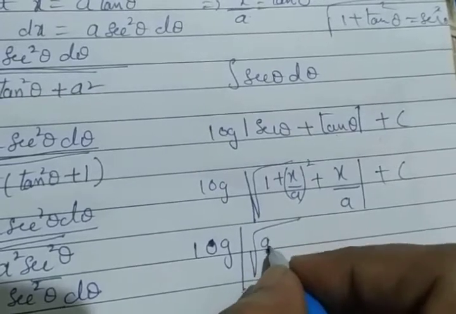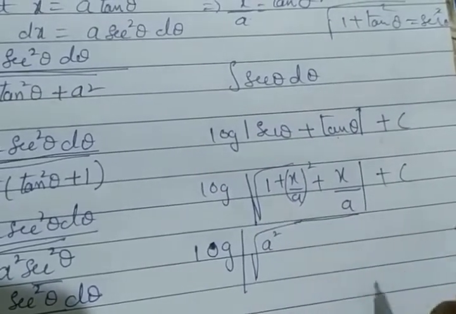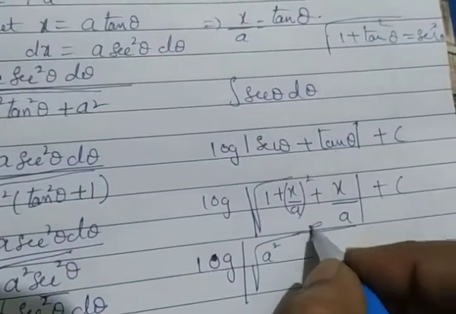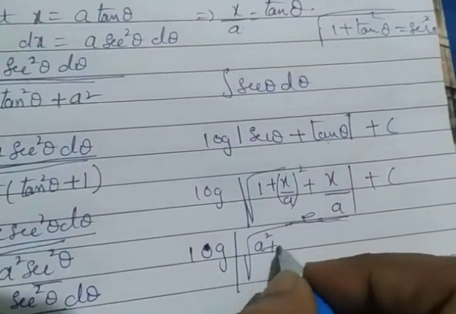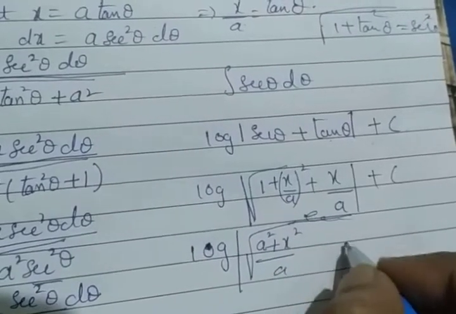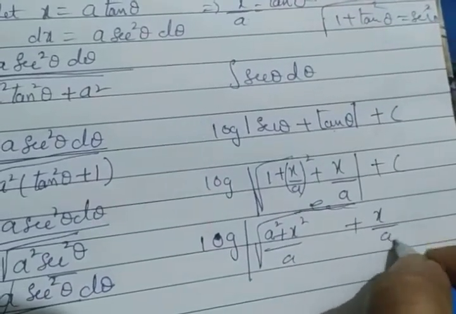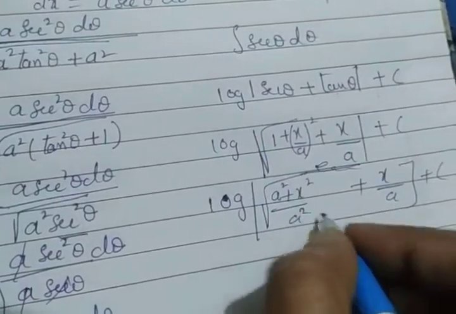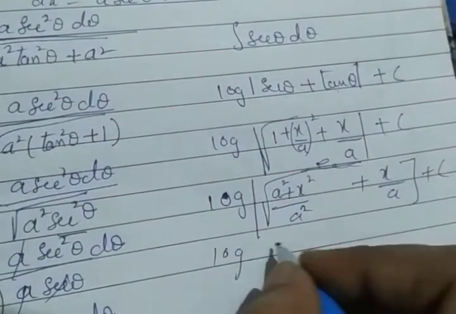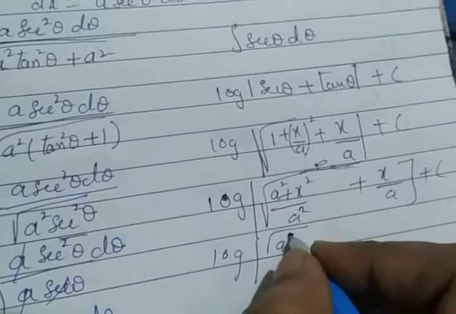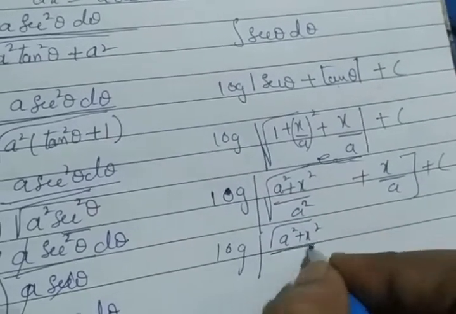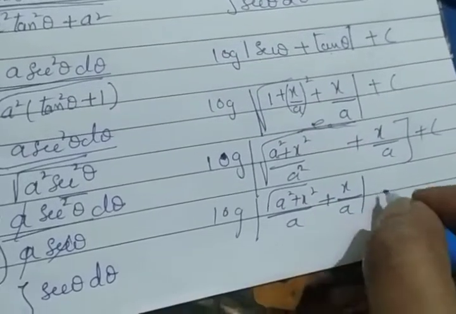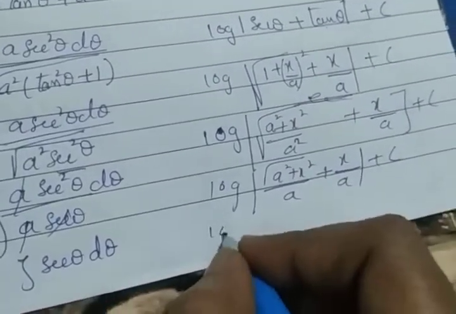Log of root of a square plus x square divided by a plus x by a plus c. If a comes out from the root, it becomes root of a square plus x square divided by a plus x by a plus c.